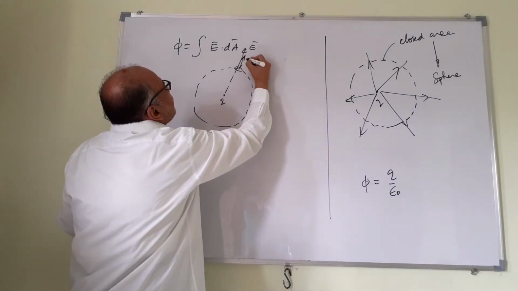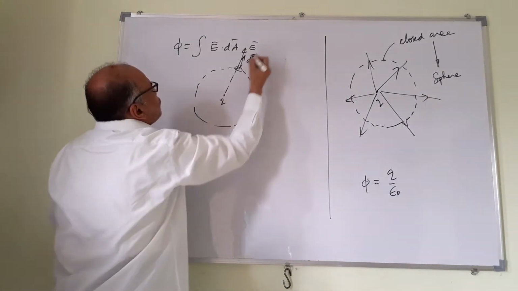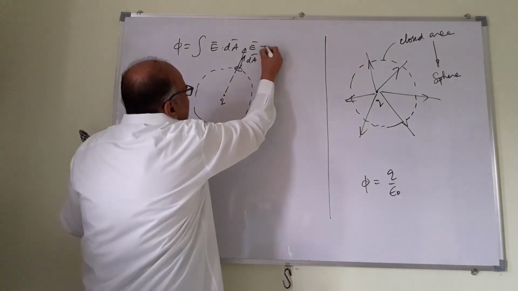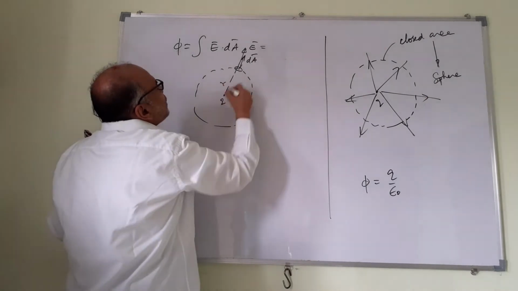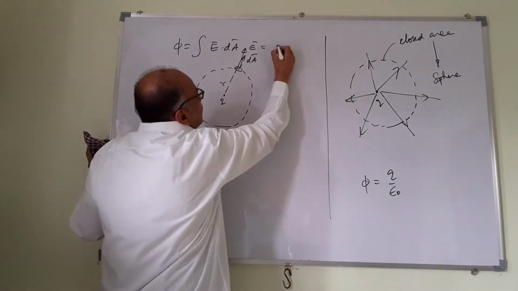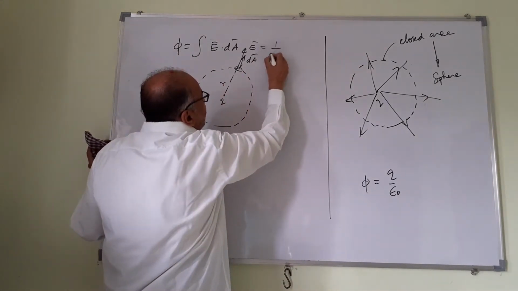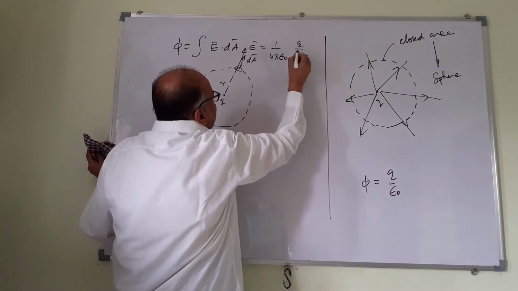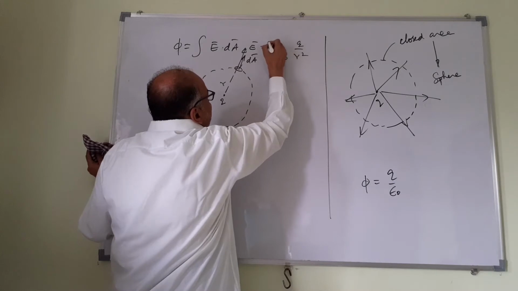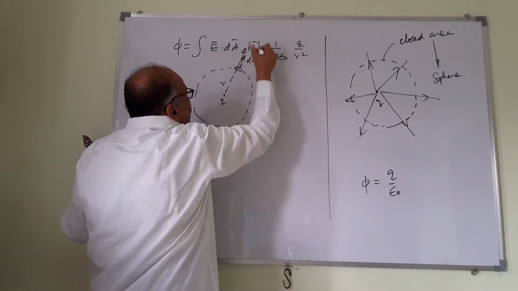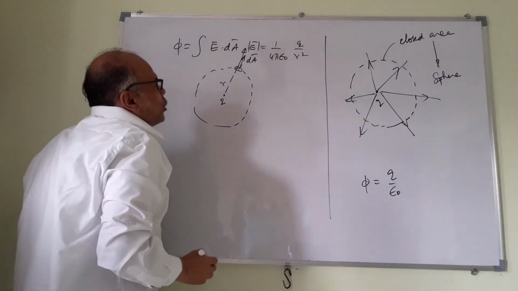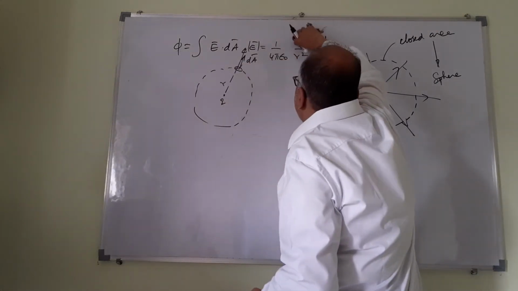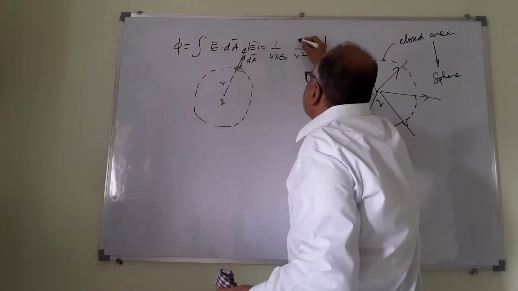In the diagram I am showing it separately, but they are actually coinciding. If the radius of the sphere is r, the magnitude of E would be 1 by 4 pi epsilon naught Q by r squared. That is the field due to a point charge at a distance r.